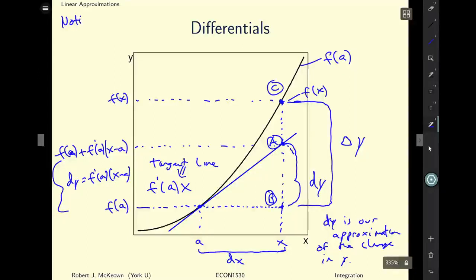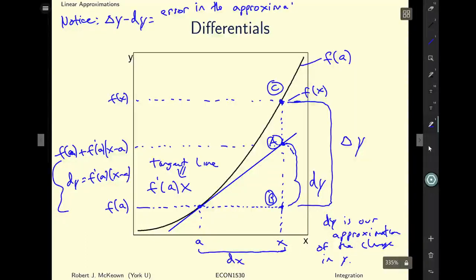So notice, I'm right in the top left corner here, the change in y minus dy is equal to the error in the approximation.